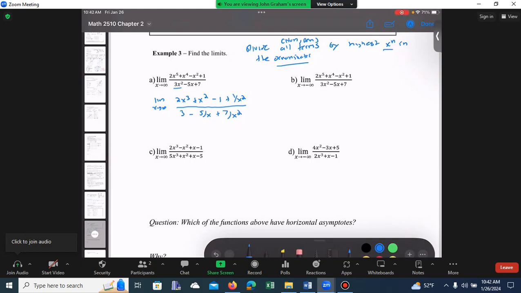If we're dividing both the top and bottom by x squared, we're not changing the function at all in terms of value. We're only really multiplying by 1, which has always been the trick in math. So it just changes the form.